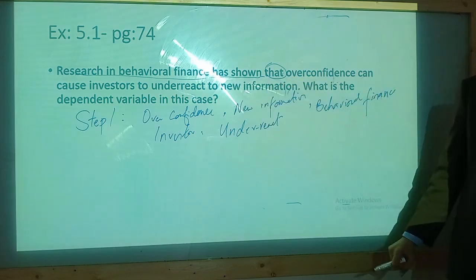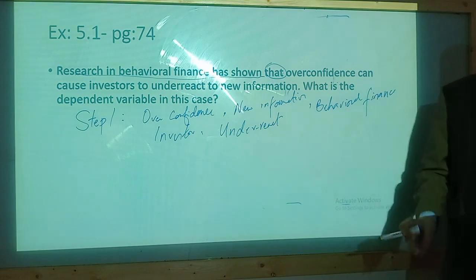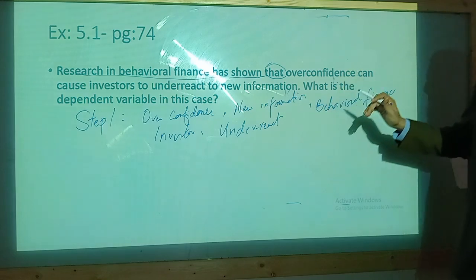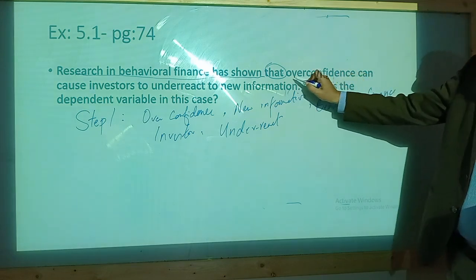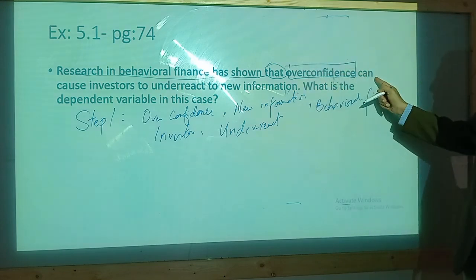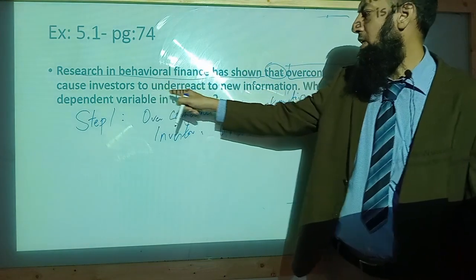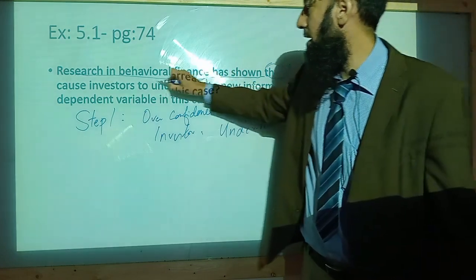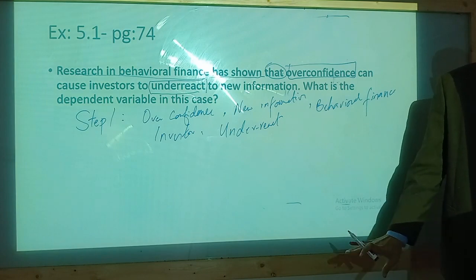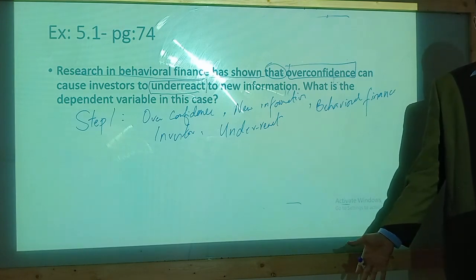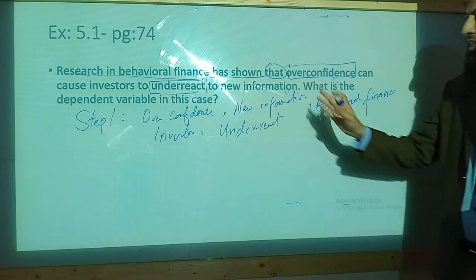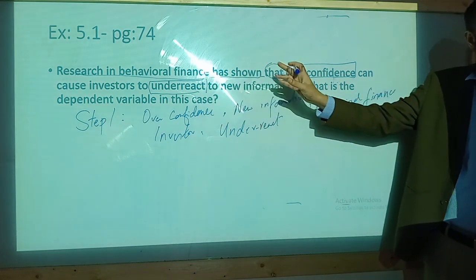What is the dependent variable in this case? So first thing is, start from there. Overconfidence can cause investors to underreact to new information. So new information is nothing. It is just showing the reason for the action.